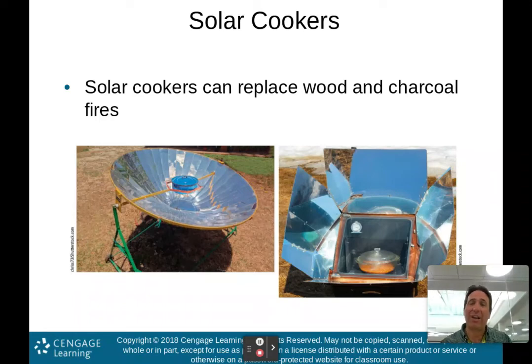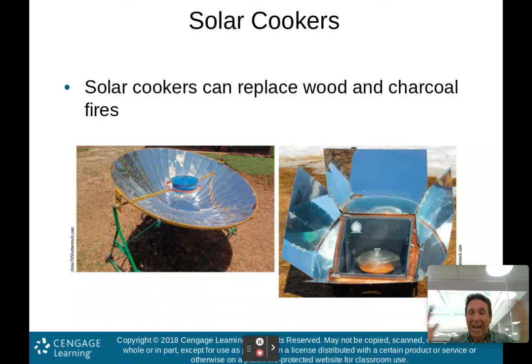So this is something that could really be used in developing countries, right? A lot of them are using wood. They're using coal to cook, which is very, very bad. In a couple of chapters, we're going to talk about human health. And one of the big issues in human health is indoor air pollution, because in third world countries, people are still using wood and coal for heat and for cooking, but in their house.